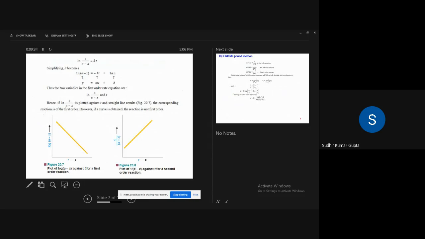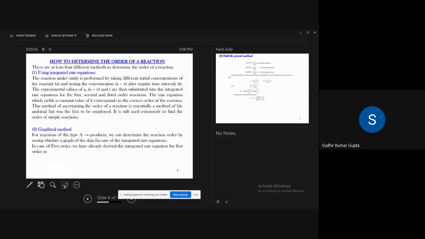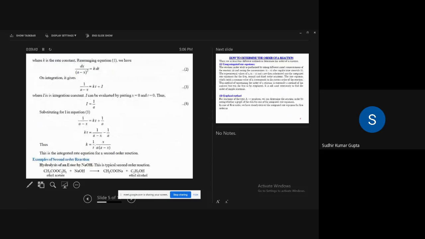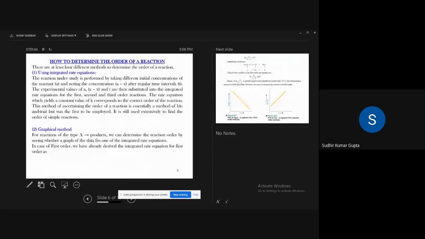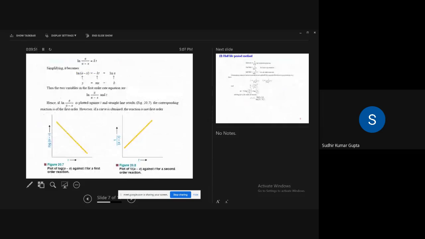Then for second order reaction, if we take t on the other side, then we will find that 1 upon a minus x will increase. So depending upon how the different factors vary with respect to t, we can determine the order of the reaction.